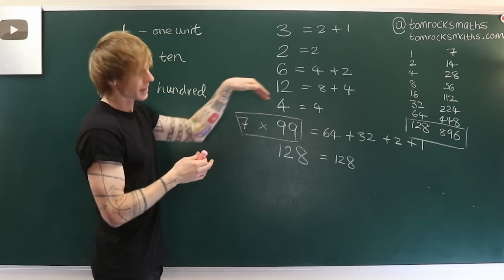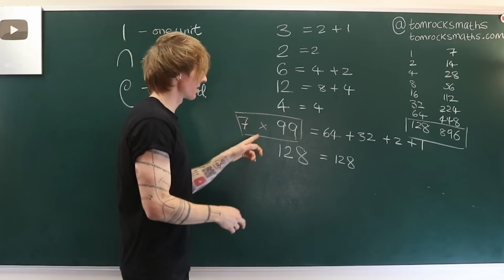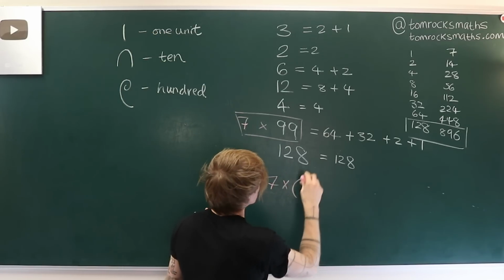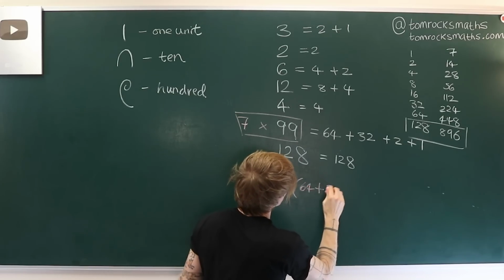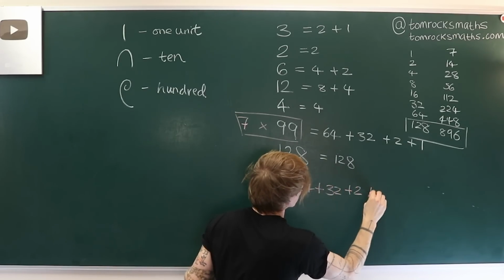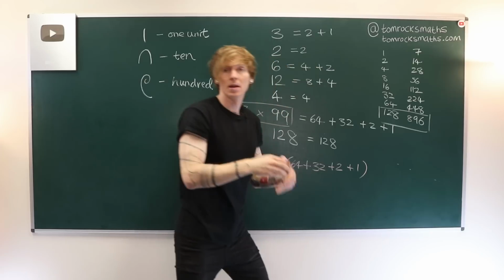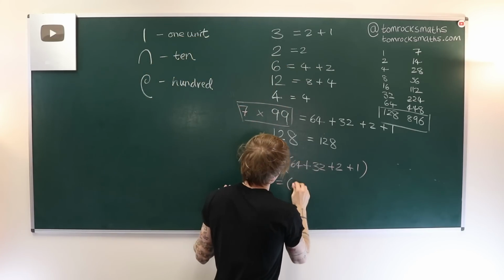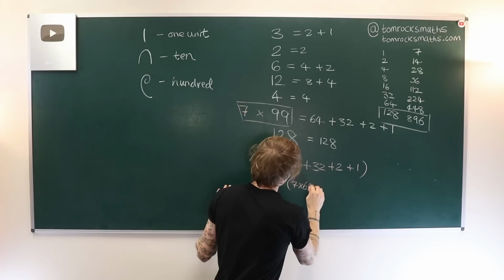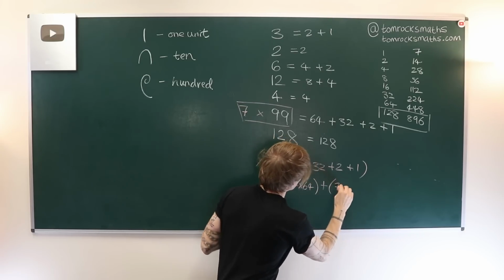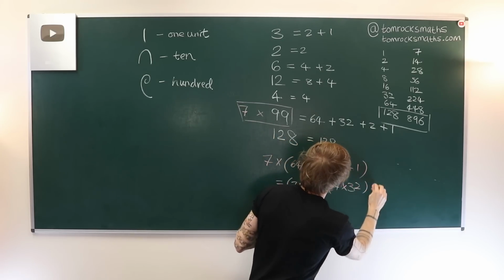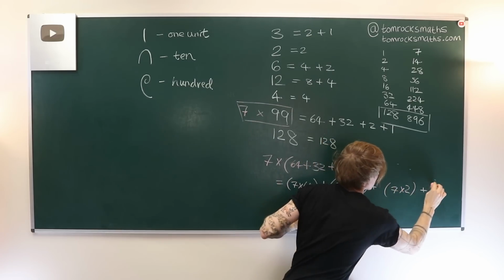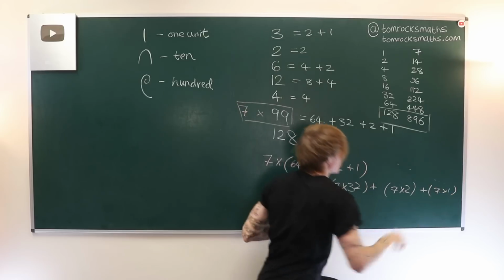So 7 times 99, well, that's the same as 7 times 64 plus 32 plus 2 plus 1. And so we could, in theory, split these pieces up and say, that's 7 lots of 64 plus 7 lots of 32 plus 7 lots of 2 plus 7 lots of 1.